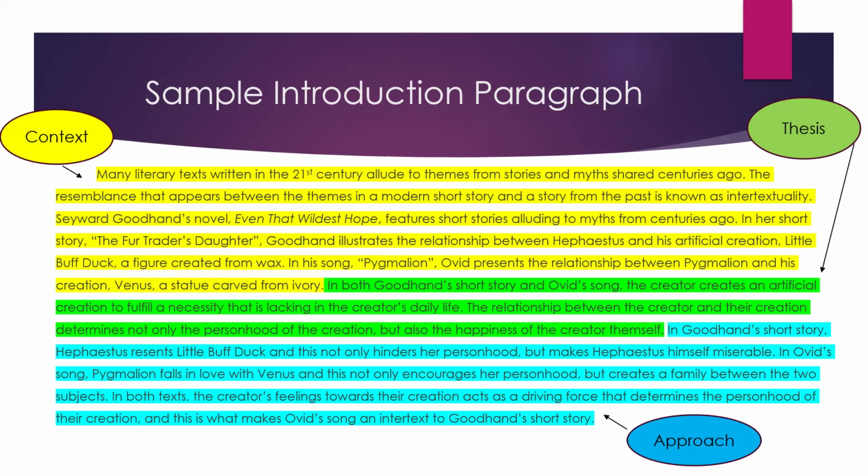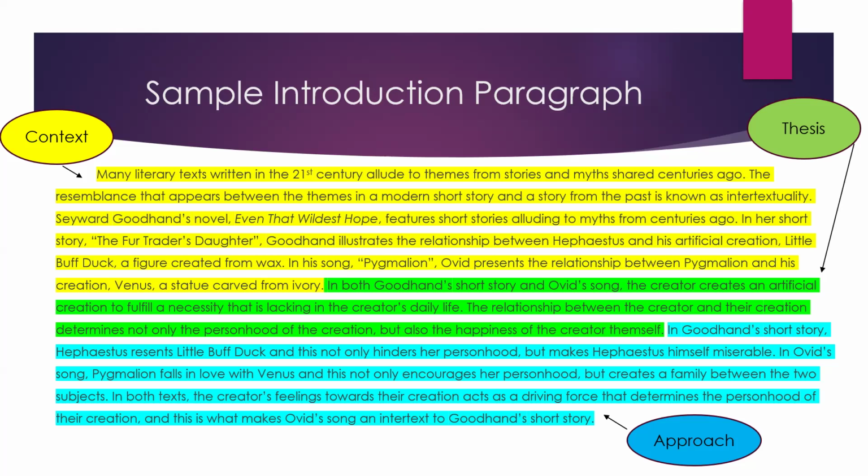The first text that I would be looking at would be Seward Goodhand's novel, Even That Wildest Hope. And the specific short story that I would be looking at is The Fur Trader's Daughter. And I would also be looking at Ovid's song Pygmalion. And so I provided all this within the context section of my introduction.